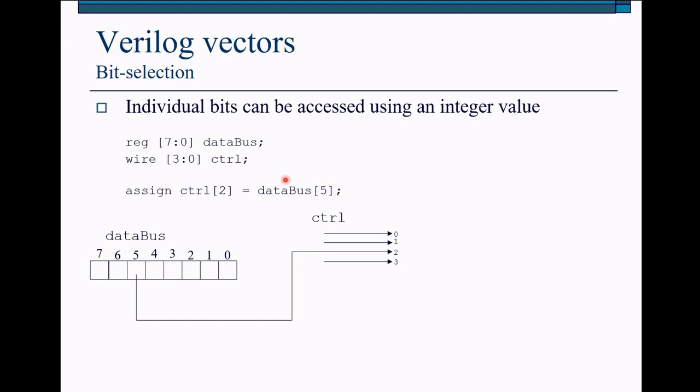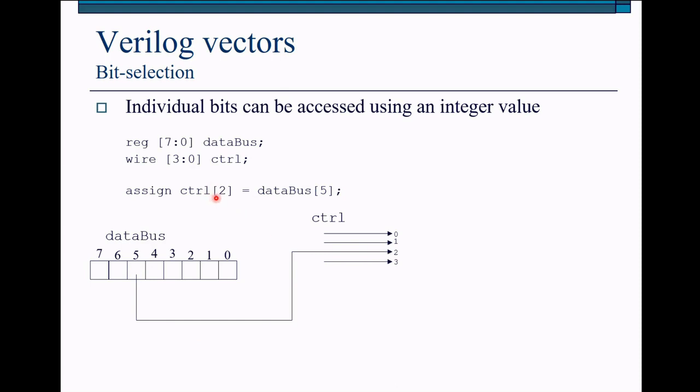So that's the value that drives the wire on the left hand side. And on the left hand side, the wire is the bit specified by bit position 2 of the control vector. So control is a vector and it's a 4-bit wire. Bit position 2 refers to this wire. And the effect of our statement is that we drive the value in this bit onto this particular wire.